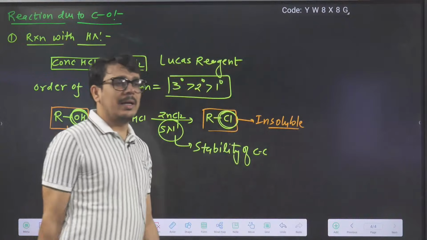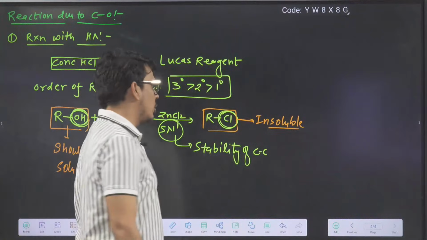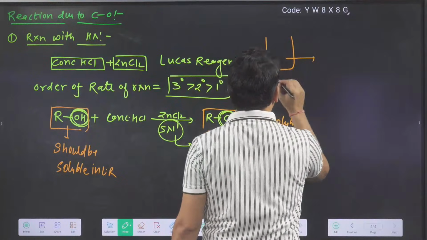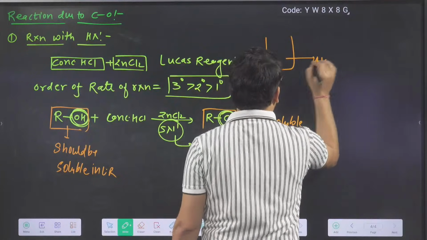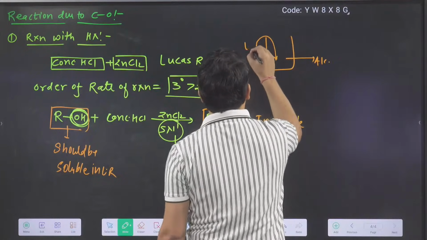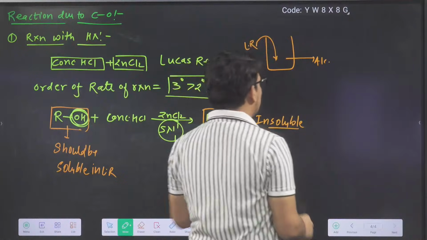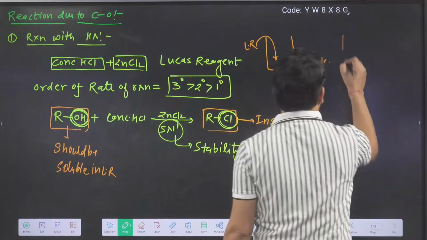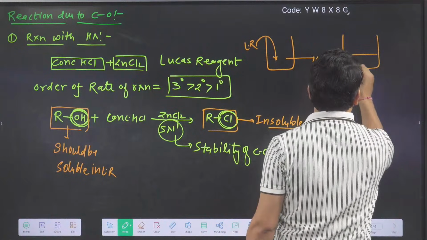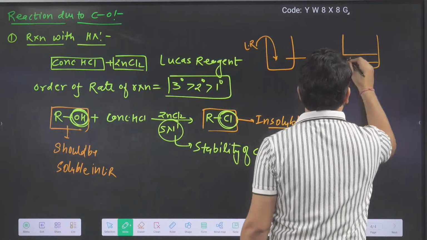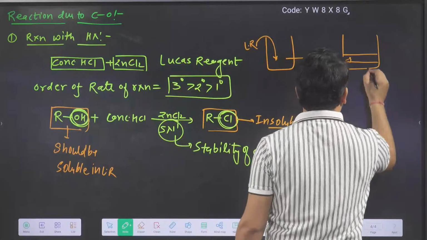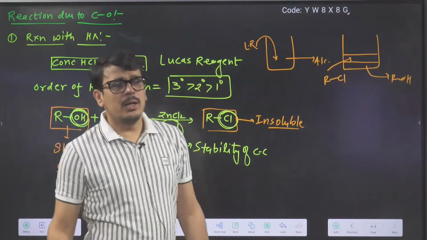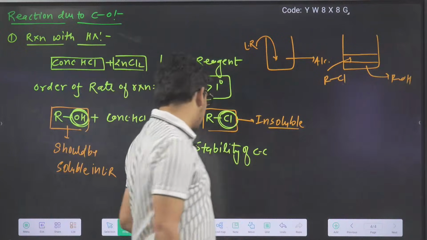That is why if initially we have some alcohol present and we add Lucas reagent, initially there is one clear solution, but after the reaction you will get two layers. One layer belongs to alkyl chloride, and one layer belongs to Lucas reagent and alcohol.